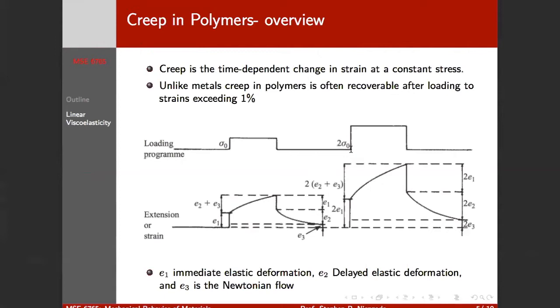And then we have a time-dependent viscous recovery, which, depending on how long we wait, there may be something that we call a permanent, non-recoverable flow. If it's an ideal viscoelastic material, there is no permanent plastic flow if we wait an infinitely long time and it recovers.